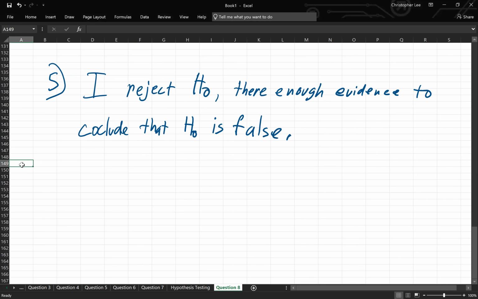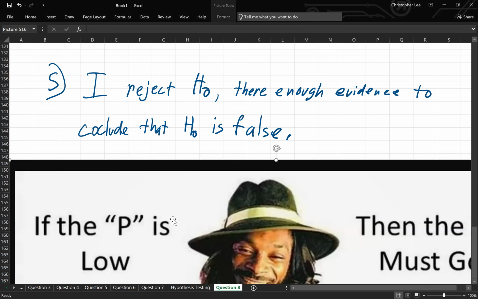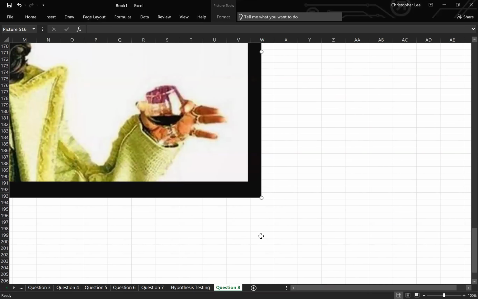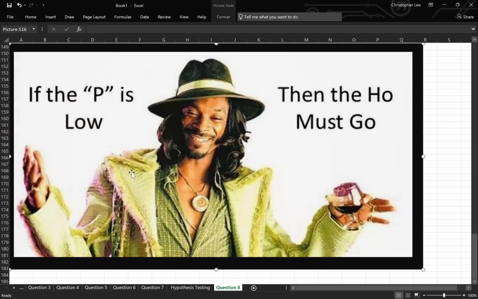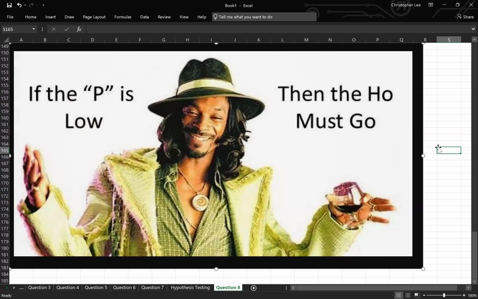Okay, so this is the original statistician, and it makes a lot of sense to me. When your p-value is low, the null must go. When your p-value is less than alpha, reject the null hypothesis.